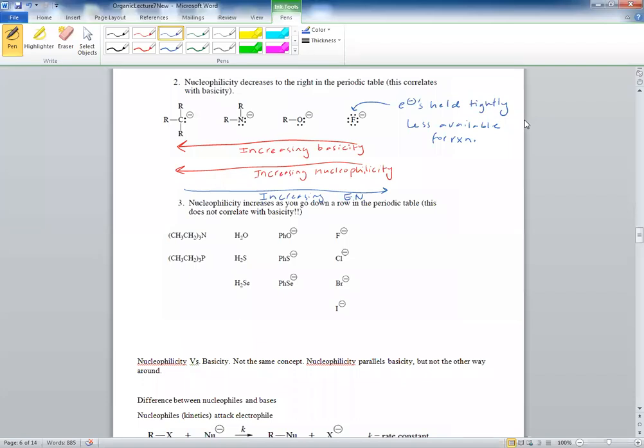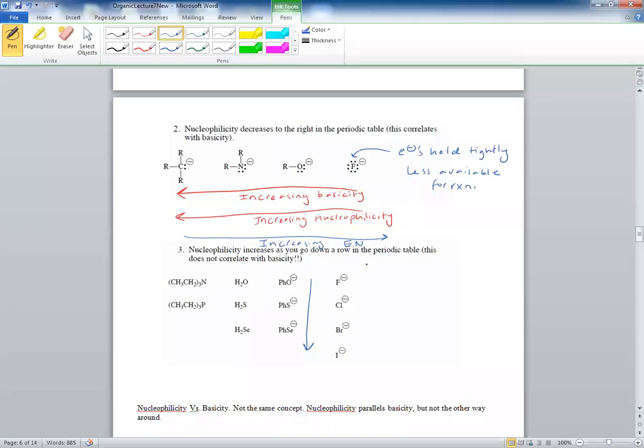Now, when you go down a group, the nucleophilicity actually increases. So in this case, we have an increasing nucleophilicity, but the opposite is increasing basicity.